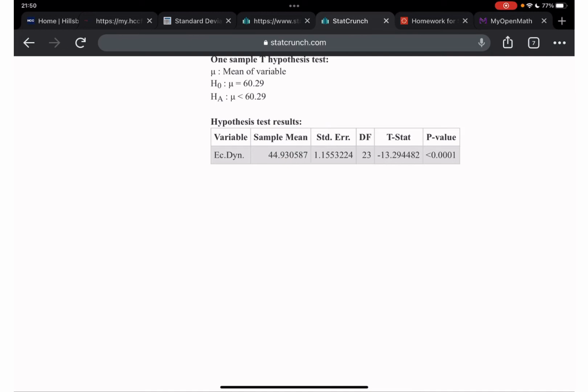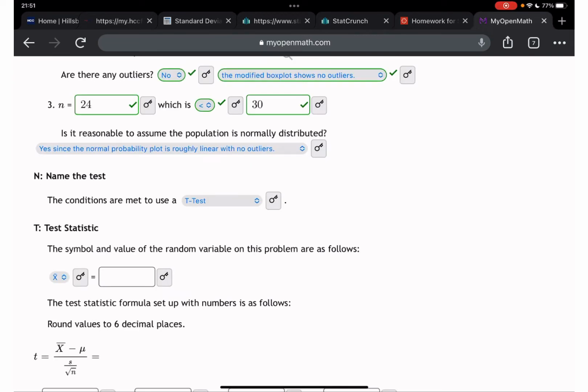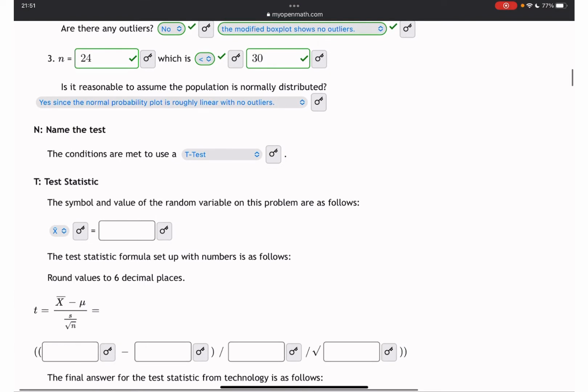Can I copy this? Let me see if I can paste it. Copy. Okay. Where is it?